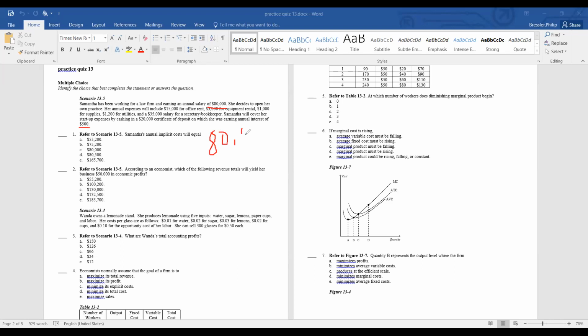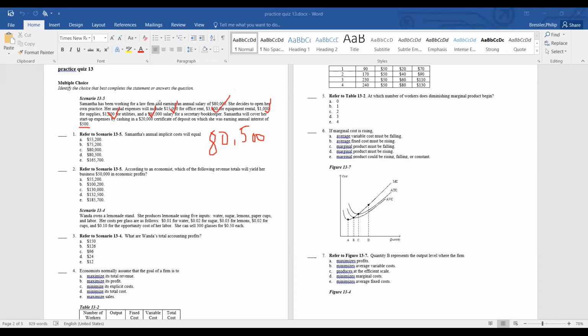All right. But while I'm here, I'm going to practice her explicit cost too, in case they ask me that on the real test. Her explicit cost is 15,000 because you're going to pay that in cash. I can't even read what that says. All right, 3,000 here. You're going to pay that in cash. 1,000, you're going to pay that in cash. 1,200 and 35,000.